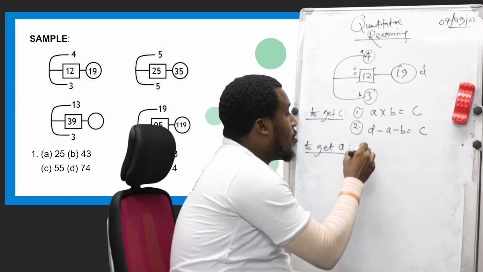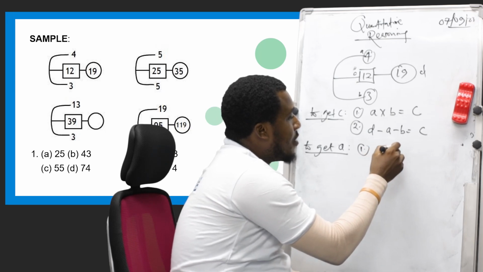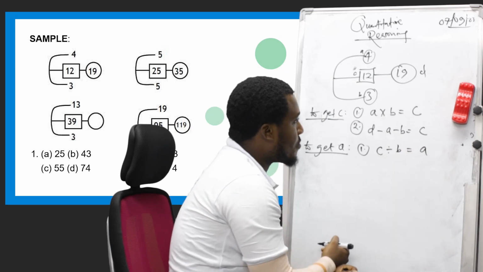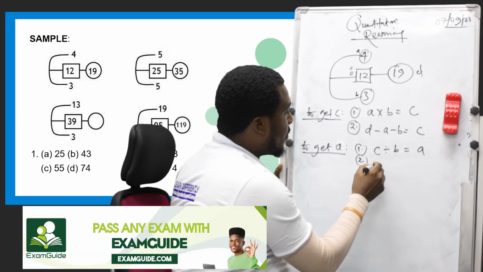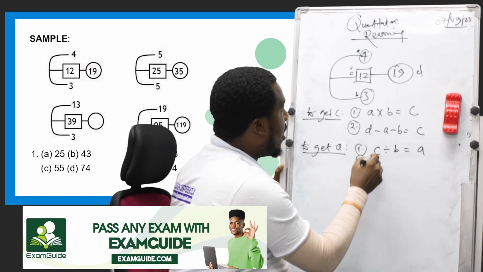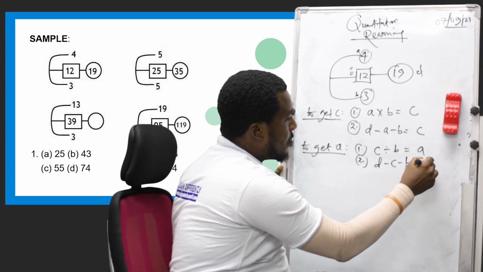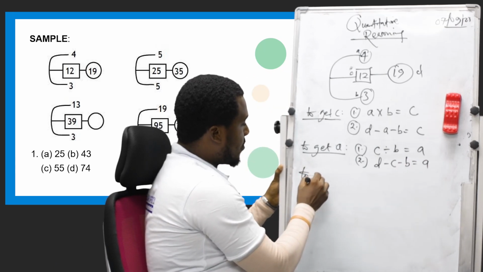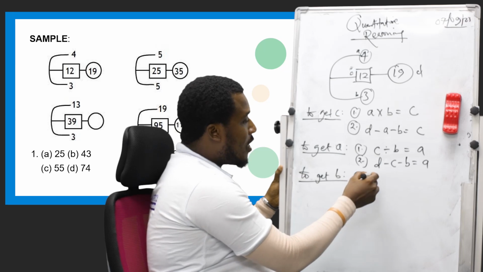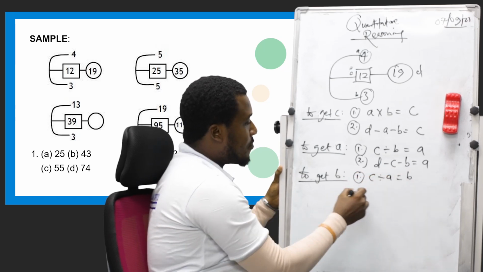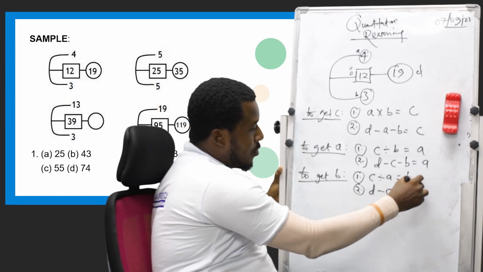To get A, you do method 1, C divided by B is equal to A. Method 2, the second method, we use D minus C minus B. Now, to get B, we use a similar method to that of A. Our first method is C divided by A, gives us B. Our second method, similar, D minus C minus A equal to B.